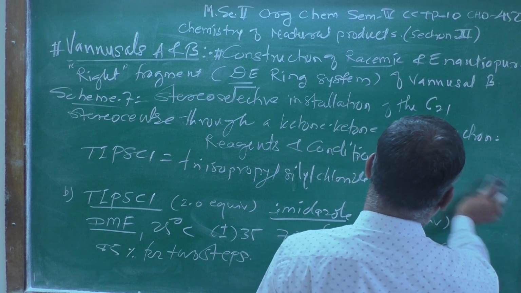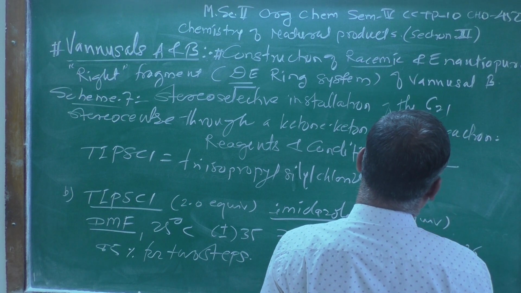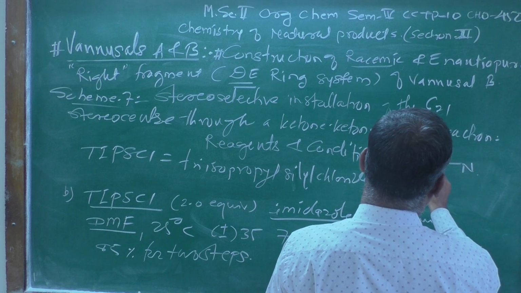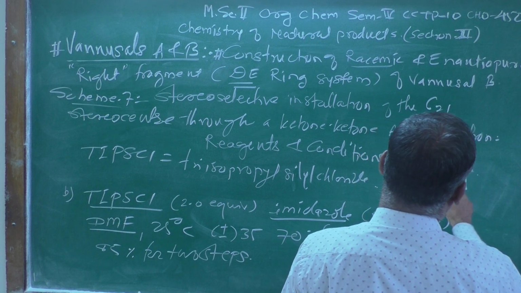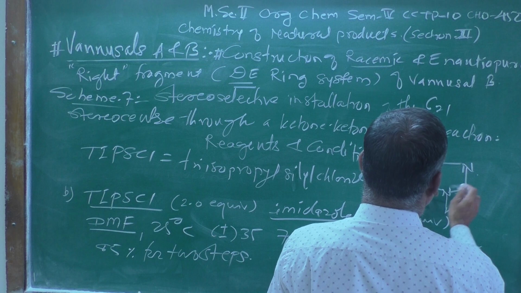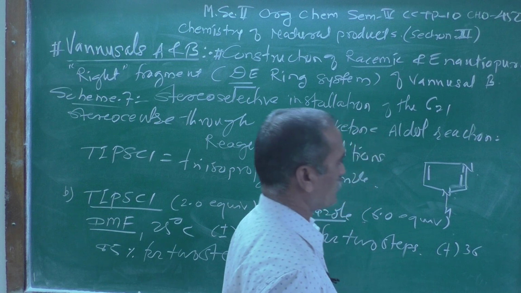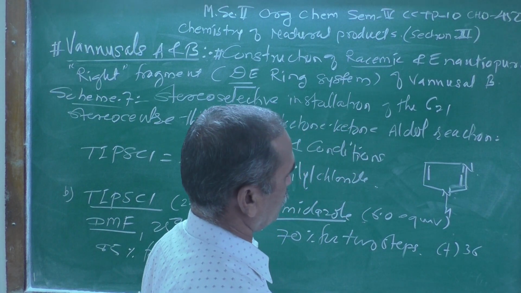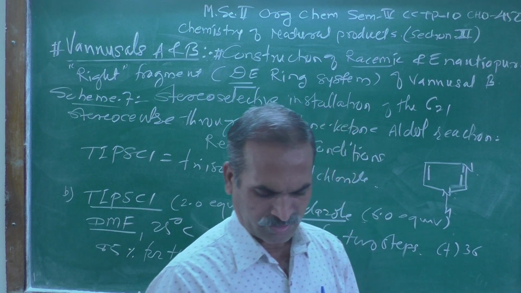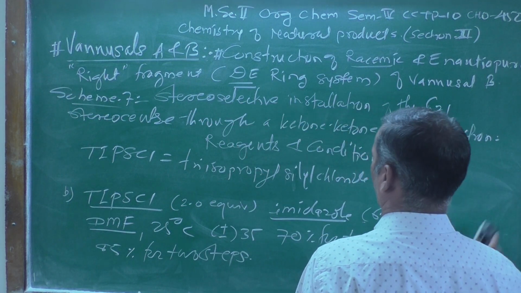Then imidazole, you might know it as a pyrazole-like structure. The imidazole structure is this one, with N, pyrrole-type, and a double bond here, and a double bond equivalent to that. This is the imidazole structure, which is slightly more basic than pyrazole.